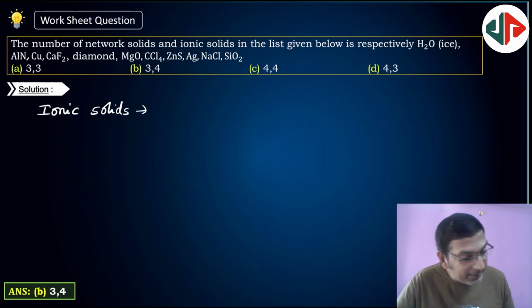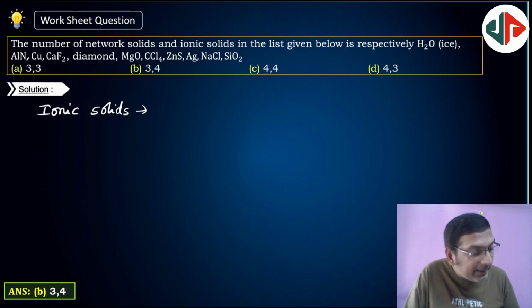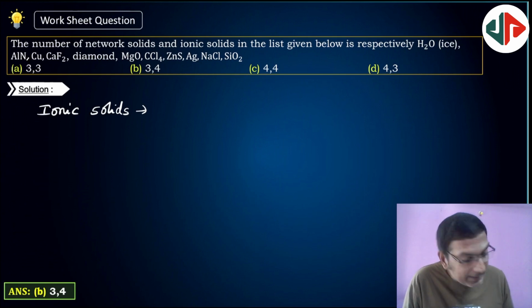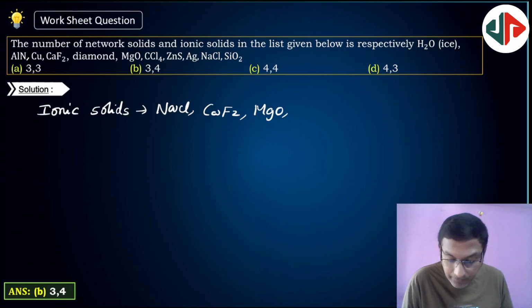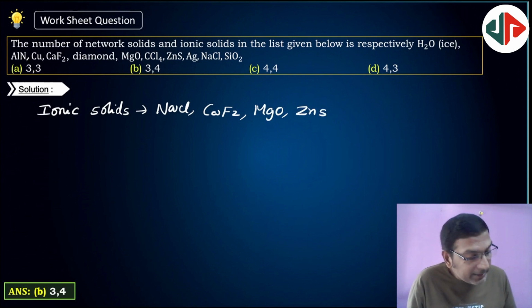Here what are given: H2O, AlN, Cu, CaF2, diamond, MgO, CCl4, ZnS, Ag, NaCl and SiO2. Here NaCl is ionic, we know. Next CaF2, calcium fluoride, MgO and ZnS, ionic solids.